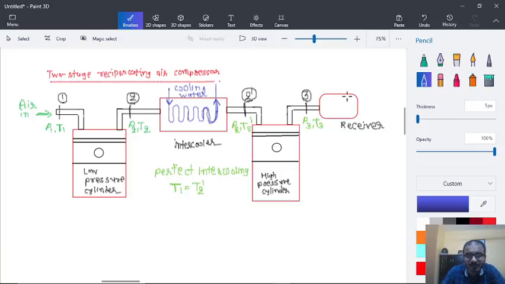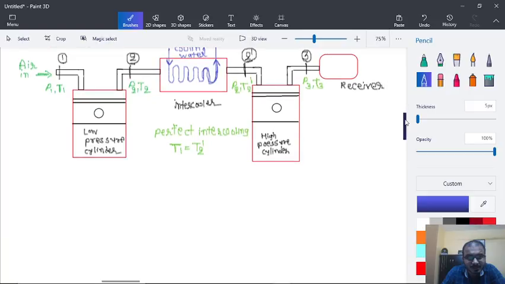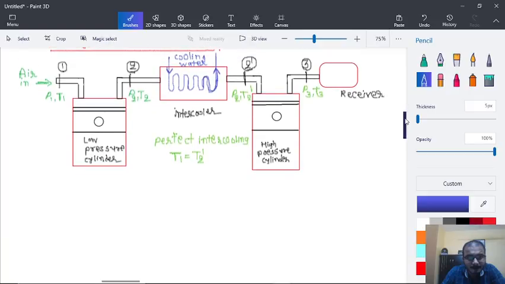Now we will focus on the PV and TS diagrams.